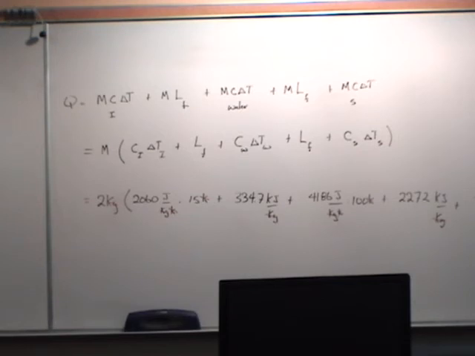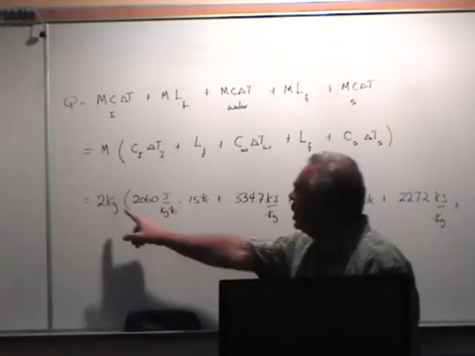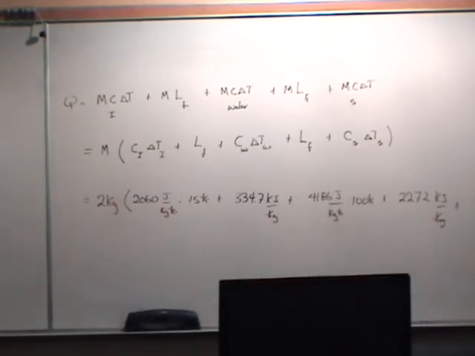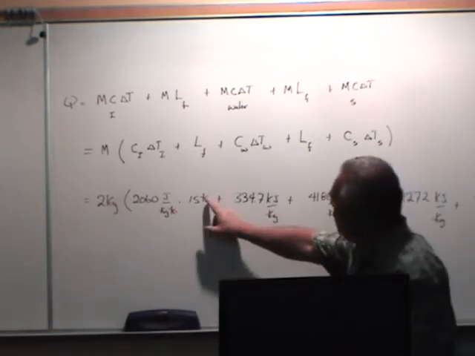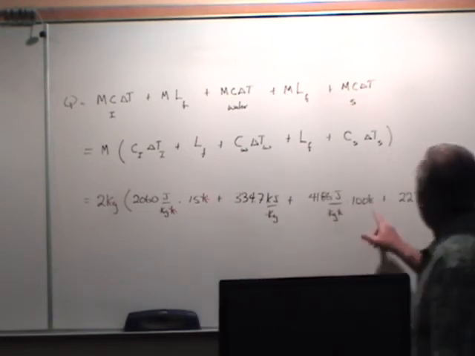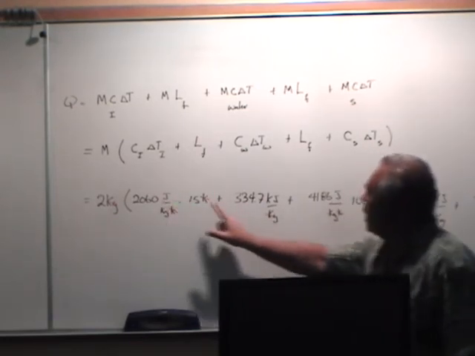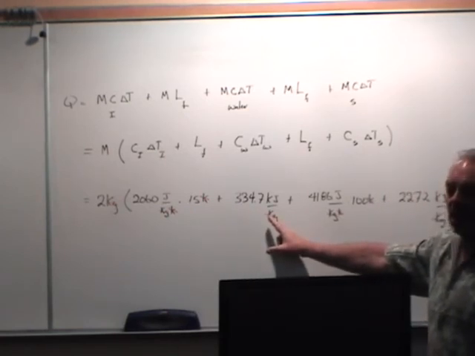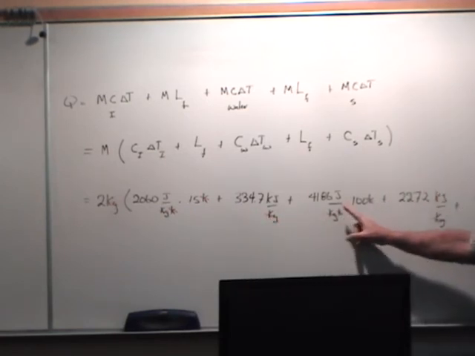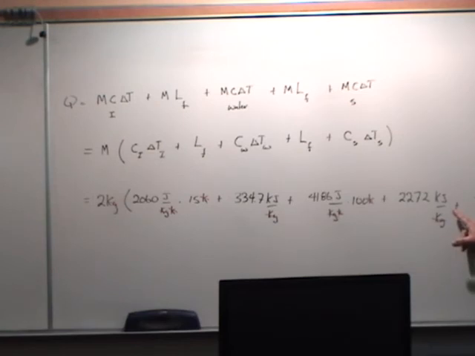The only minor thing I'd like to point out, when we're all done working out the units, and I'm kind of fond of using different colors: there's kilograms in common downstairs, inside everywhere. On most of the terms, there's a kelvin up here and a kelvin down there, leaving behind joules. But this number is in kilojoules, and this number is in kilojoules.